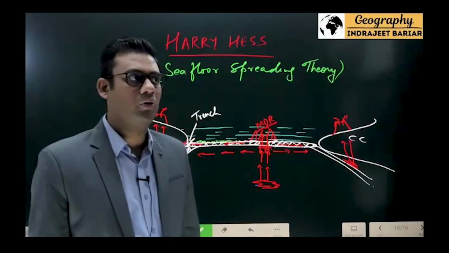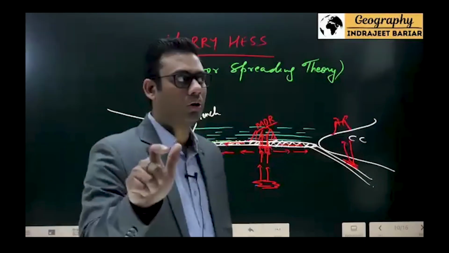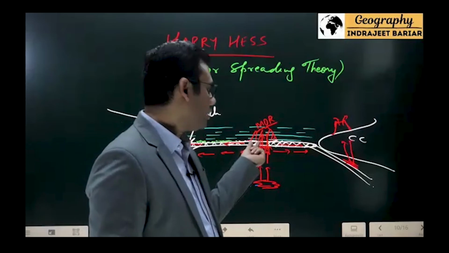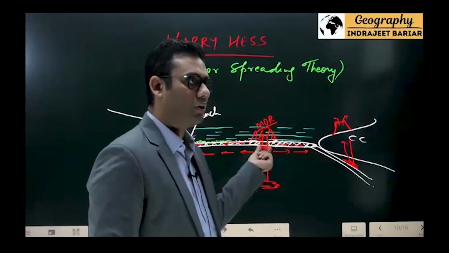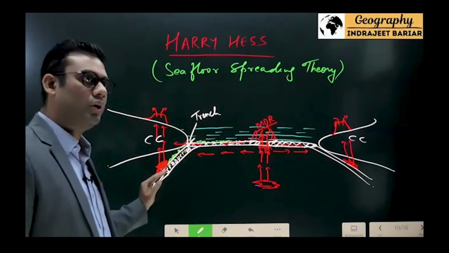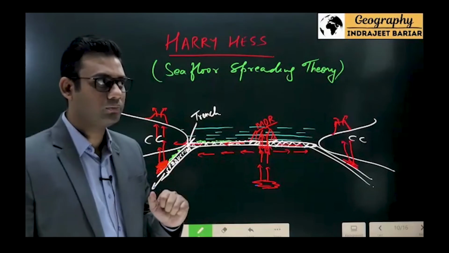Mid-oceanic ridges, sir. Mid-oceanic ridge. This is where new crust is being formed. क्योंकि crust formation का मतलब है कि magma has solidified, become rock. यही crust formation है. तो यहाँ पे there is a new crust formation that is taking place. Destruction of old crust कहाँ हो रहा है? Trench पे. Because the old crust is going down. So that is the destruction of old crust.